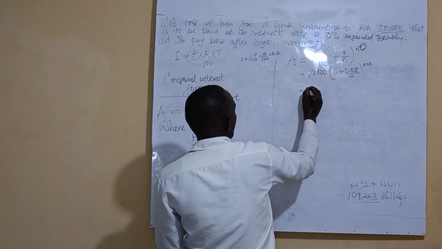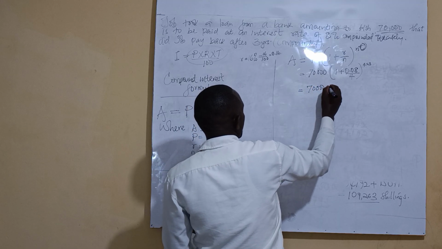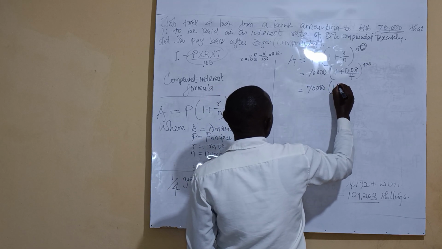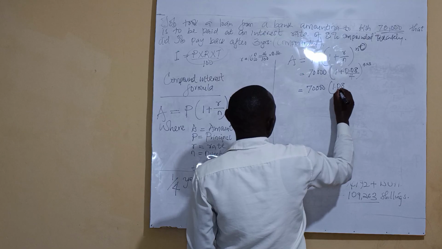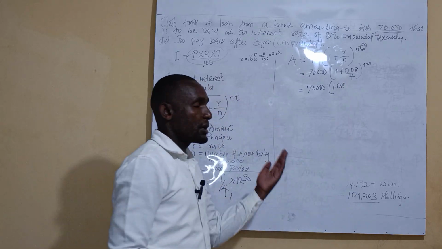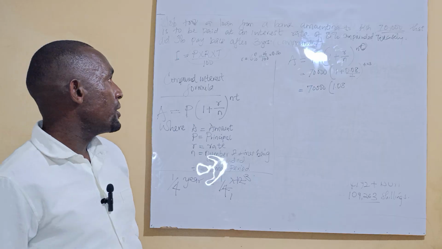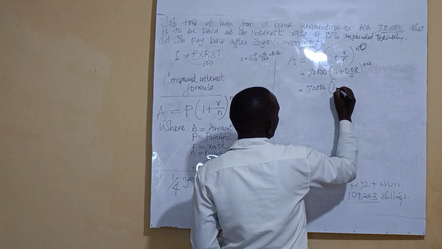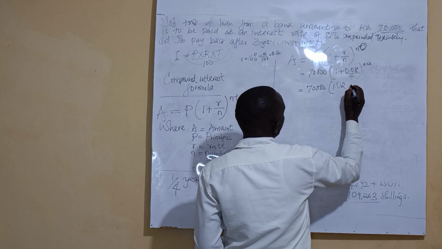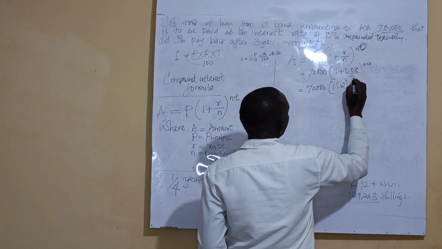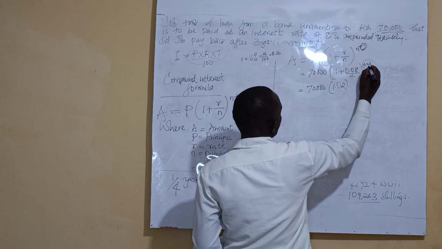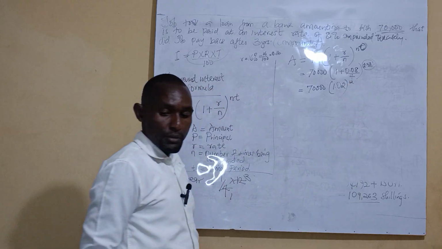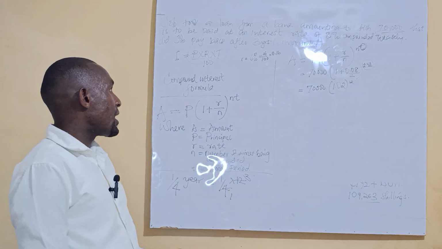So we work out 70,000 multiplied by 1.08. We can as well divide 0.08 by 4, which is going to be 0.02. So it is 1.02. Then it has a power here because it is being compounded 4 times for 3 years. So power 12, because 4 times 3 is 12.